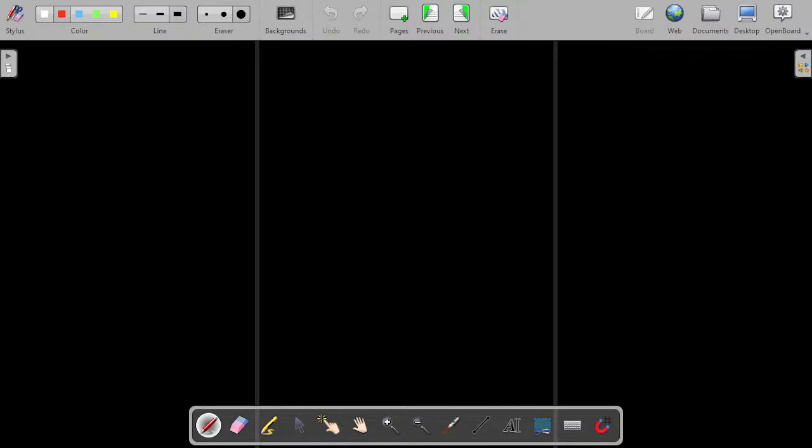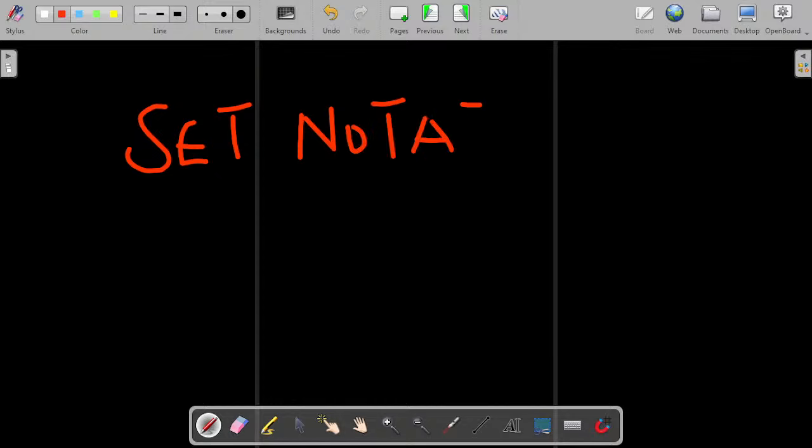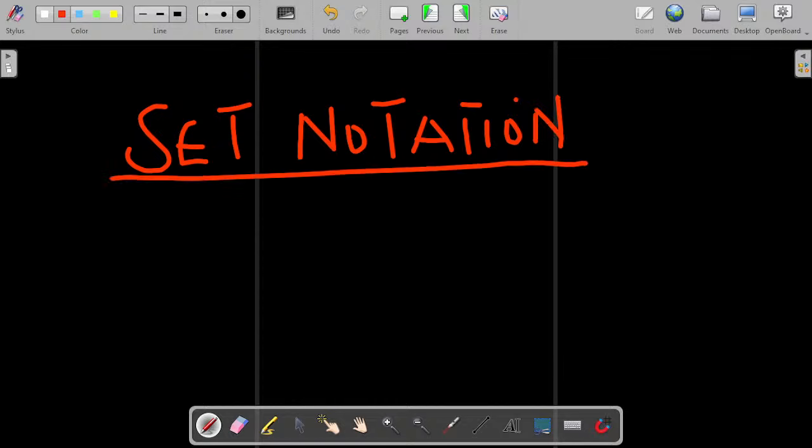So we have set notation. How do you know that it's a set and not just a bracket? We have what we call set notation. Are you saying you are not seeing my board? Are you not seeing the board? Okay, all right.